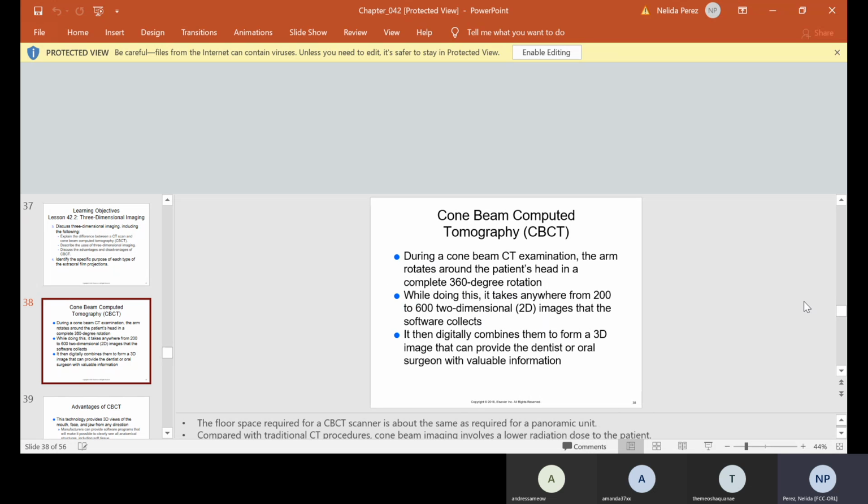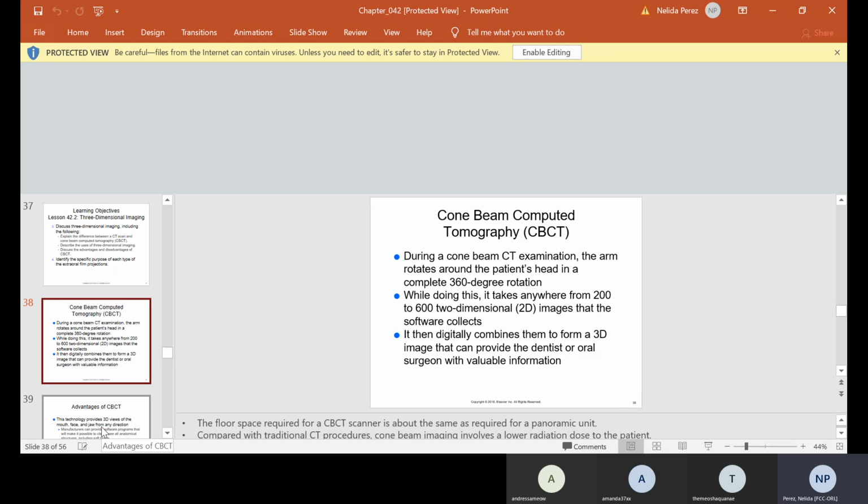So, a CBCT. During a cone beam CT examination, the arm rotates around the patient's head in a complete 360-degree rotation. While doing this, it takes anywhere from 200 to 600 two-dimensional images that the software collects. It then digitally combines them to form a 3D image that can provide the dentist or oral surgeon with valuable information.